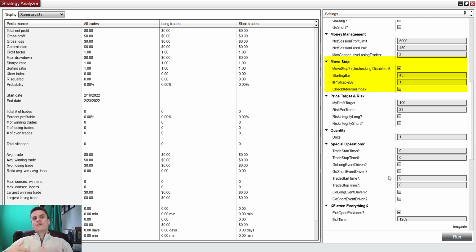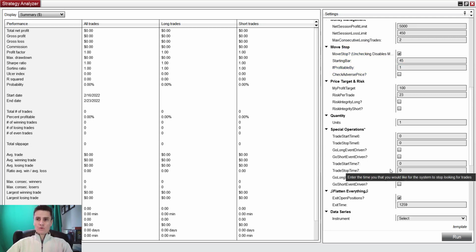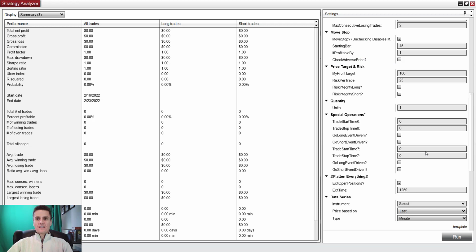So that gives you another way to protect unrealized profit. It's got very cool features. I've gotten good feedback on it, thankfully. Worked pretty hard on it.